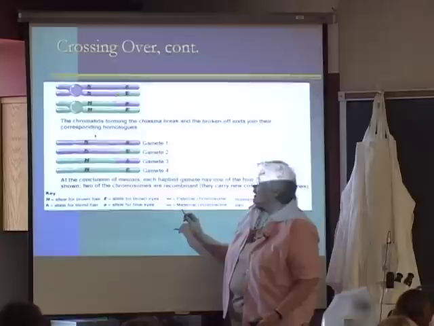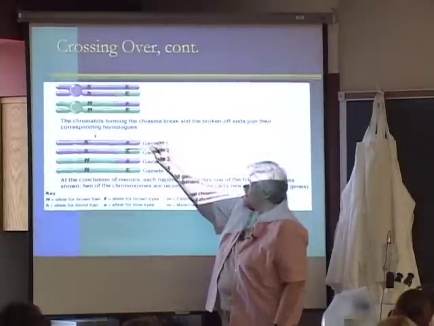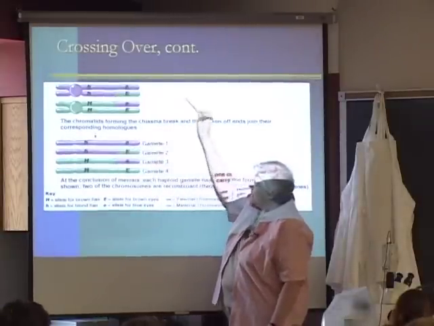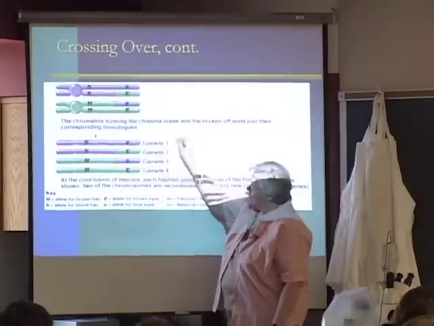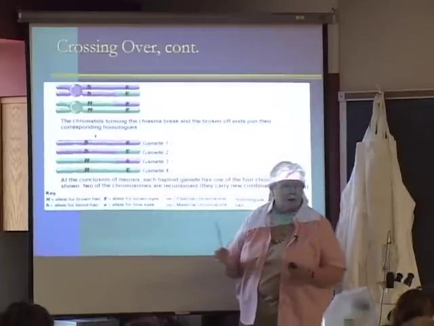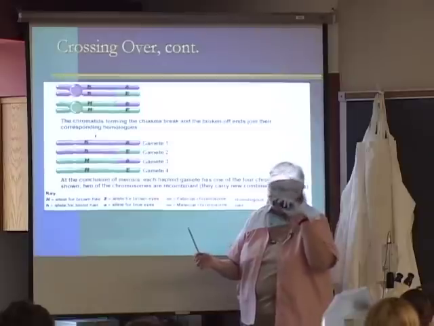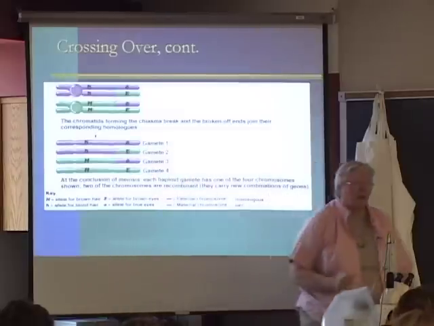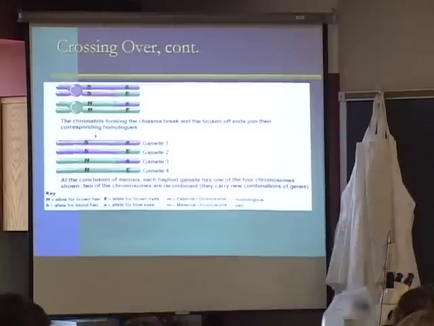Now, as time goes by, what will happen is these chromosomes will spread apart, and one of these will go to one cell, and one member of each pair will go to the other cell when we're doing mitosis. So we'll end up with each cell having a copy of the original two chromosomes.